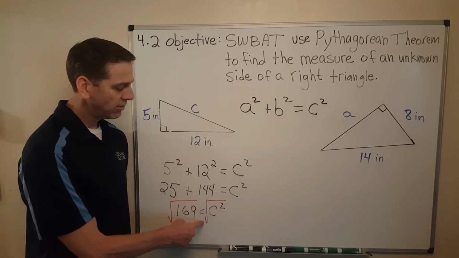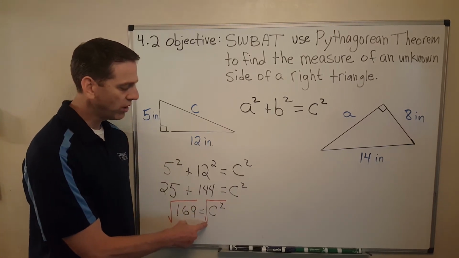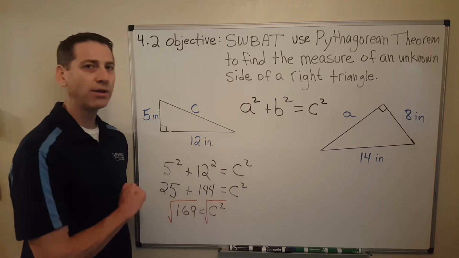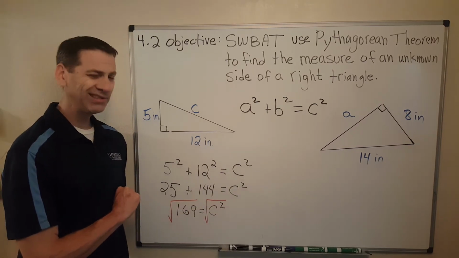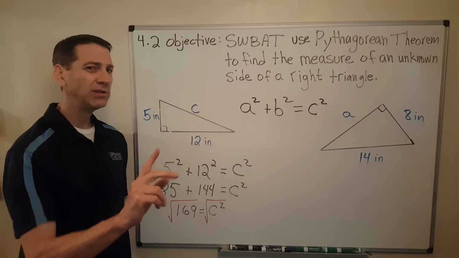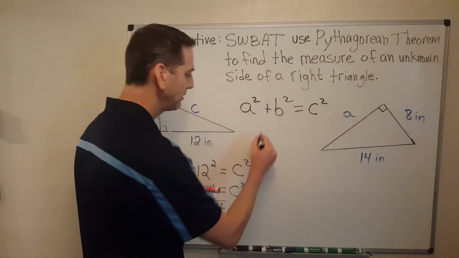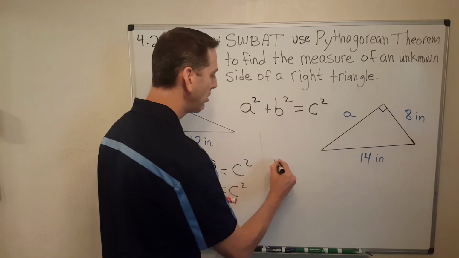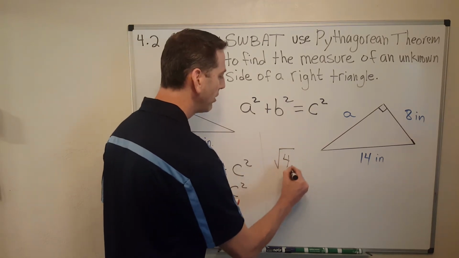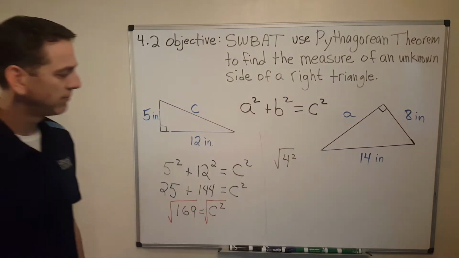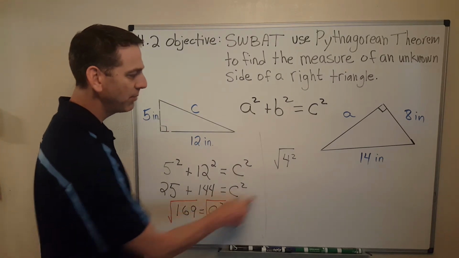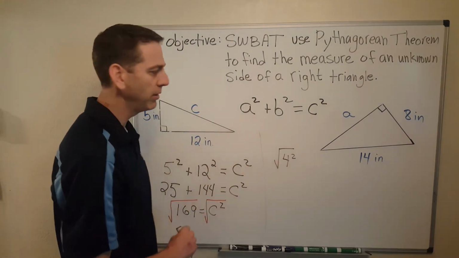All right, so what's interesting is the square root of c squared. Well, what is the square root of c squared? Let me make a demonstration as to what that would be. Let's take, for example, the square root of 4 squared, right? So instead of c, I'm going to put a number in there just to help you out a little bit.